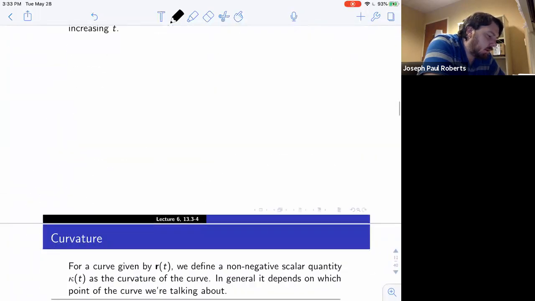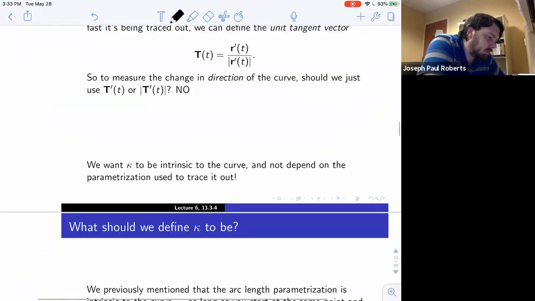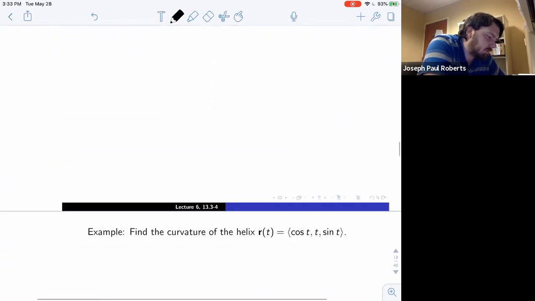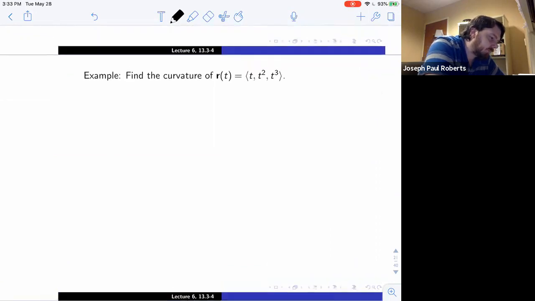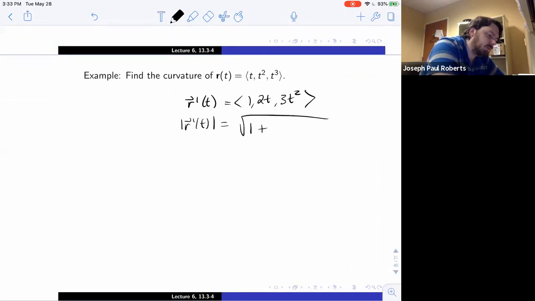But if you're not lucky like this, you can perhaps not have constant speed. So we'll get to this example in a while. We'll get to curvature in a while, but something that we'll have to do is get r prime of t is 1, 2t, 3t squared. And so the length of r prime of t is the square root of 1 plus 4t squared plus 9t to the 4th.